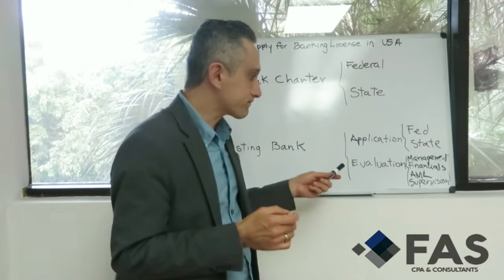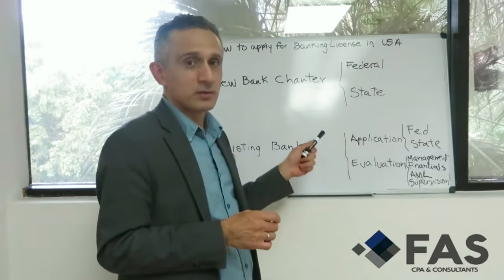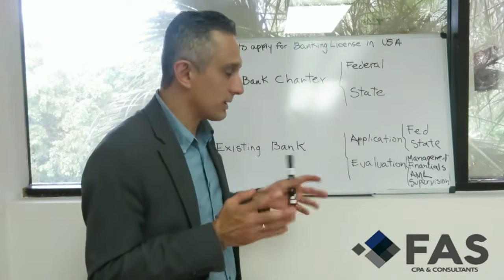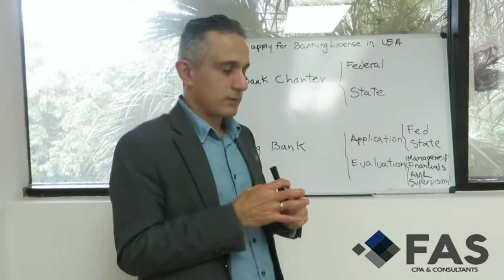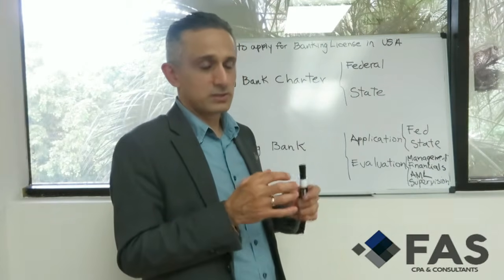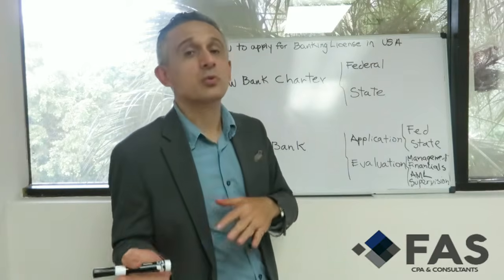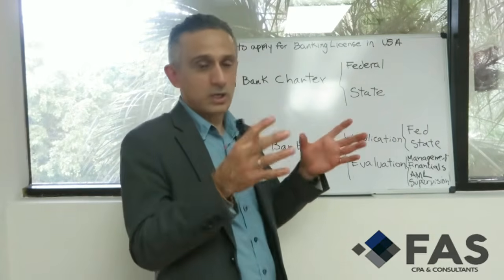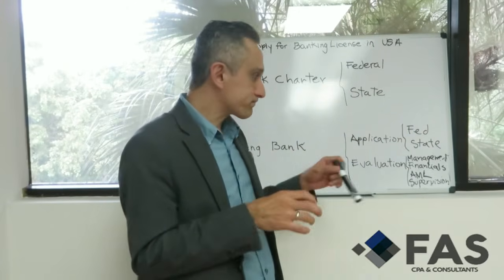Once the application is given, there will be an evaluation of quite a few elements. The first one is management, meaning the executive board and management, the CEO, CFO, COO that you have in your current bank right now, and the ones that you're going to bring to the USA, because then you're going to need a complete management team for the USA.